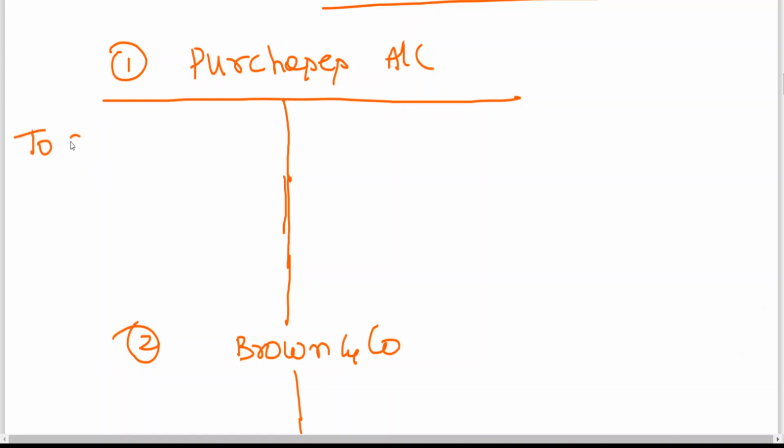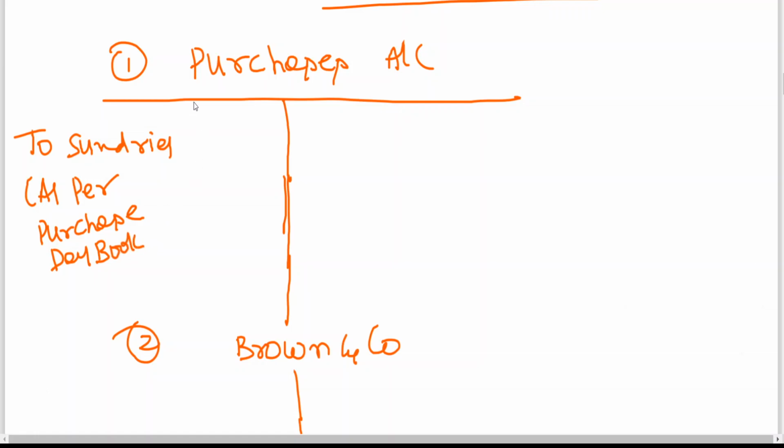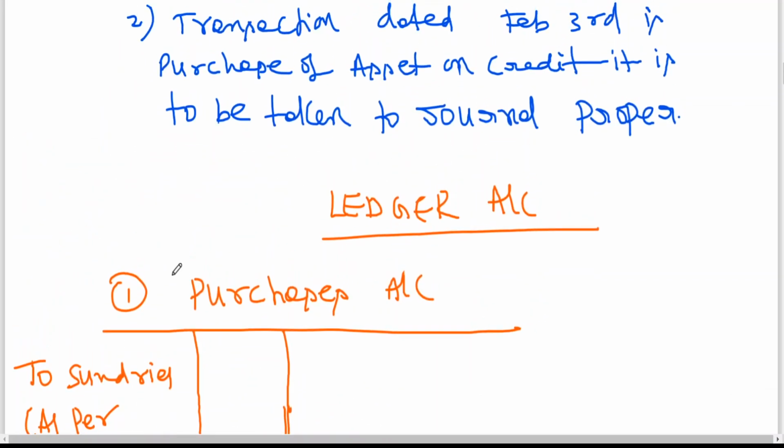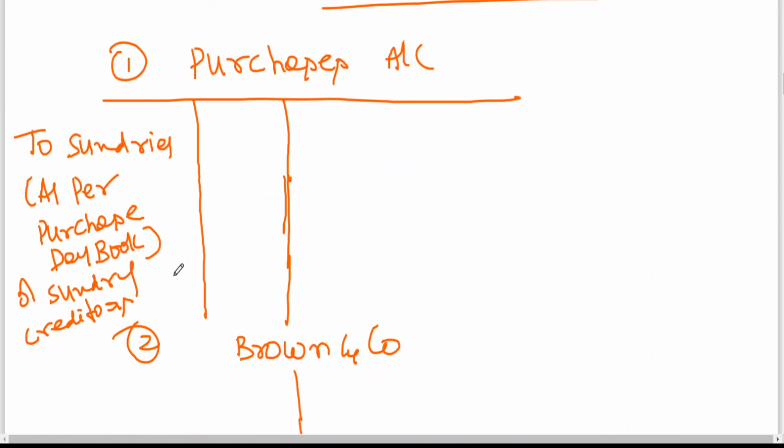We write to sundries as per purchase day book, or we can write sundry creditors. What is the total amount? Total of this 502.2.